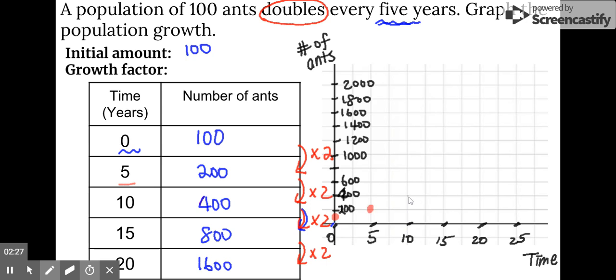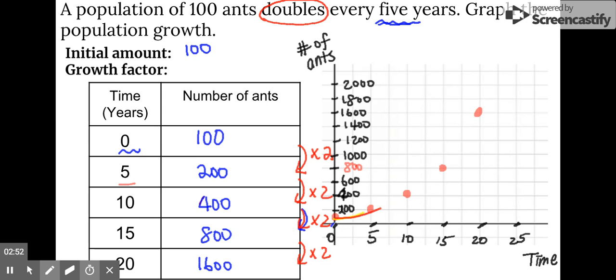In year 10, the number of ants is 400. It's increasing. Year 15, it's 800. Oh, you see it's increasing a little bit faster in year 20, and it's 1,600. So if you connect this, it will look like this.